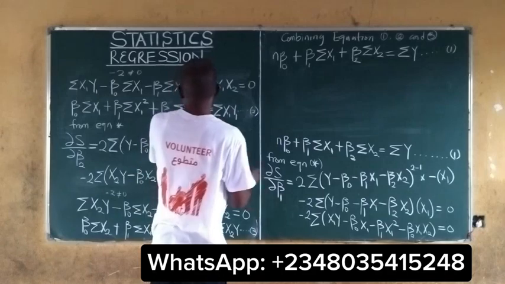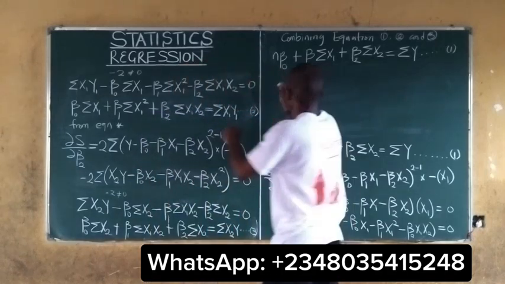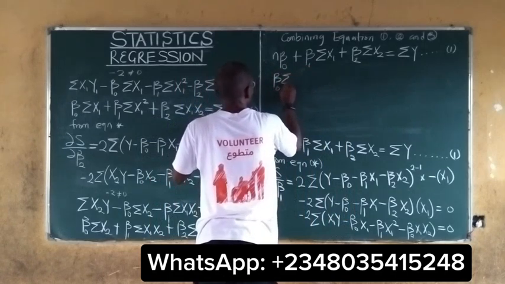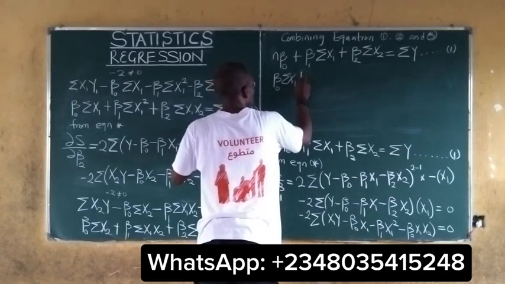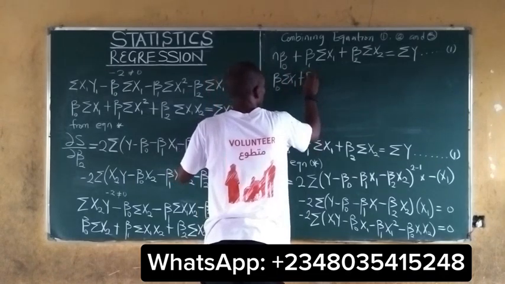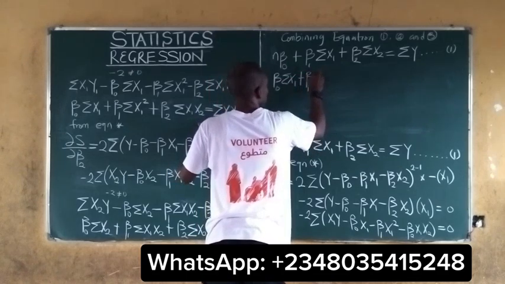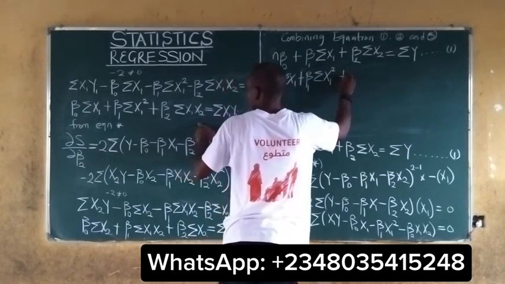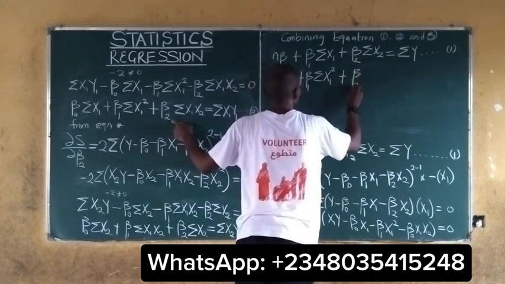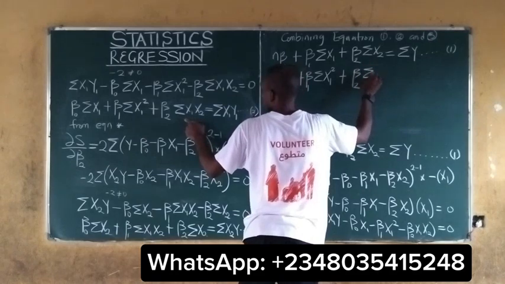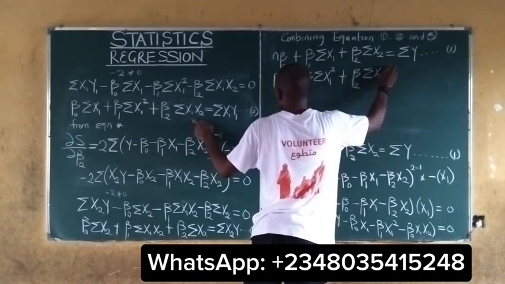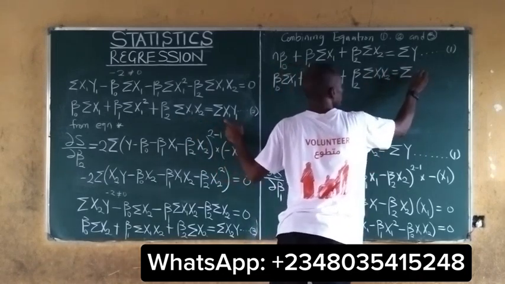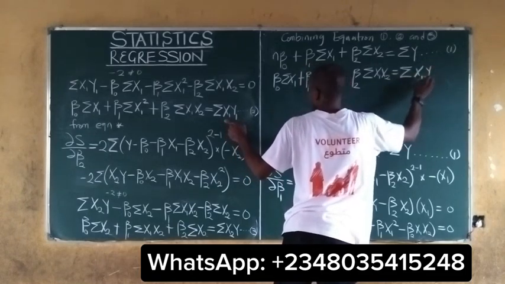This is our equation 2: b naught summation x1 plus b1 summation x1 squared plus b2 summation x1 x2 is equal to summation x1 y.